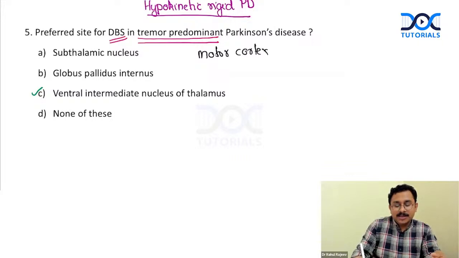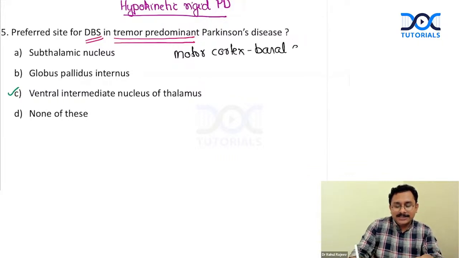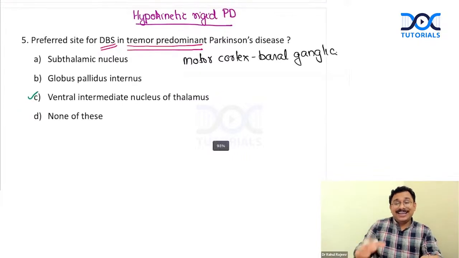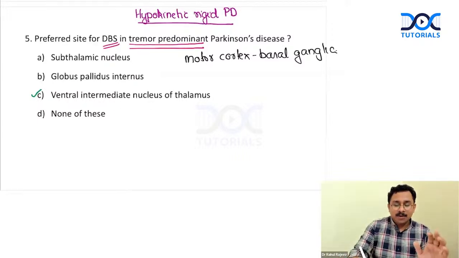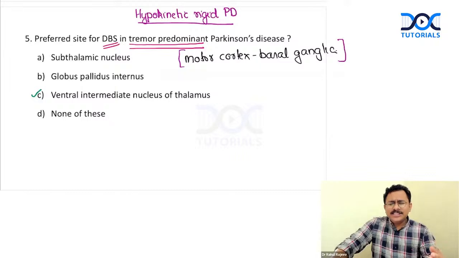That is a circuit that is involving both the motor cortex and the basal ganglia. But remember, hypokinesia, rigidity, all these features are attributed to dysfunction involving this circuit. And DBS can target this circuit as well. But the reason for tremor is a different circuit.